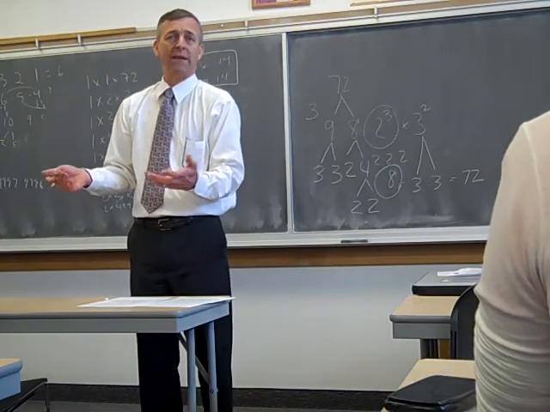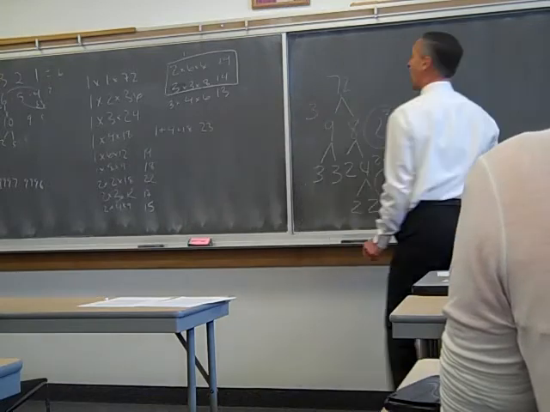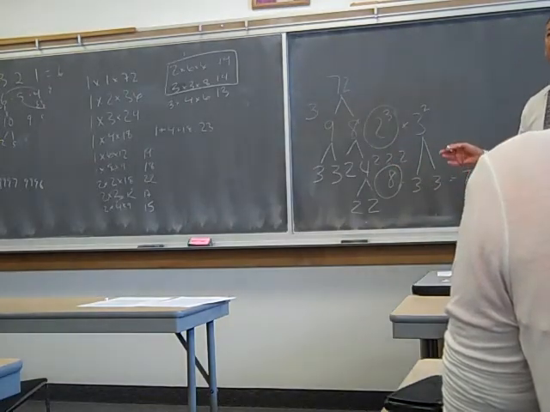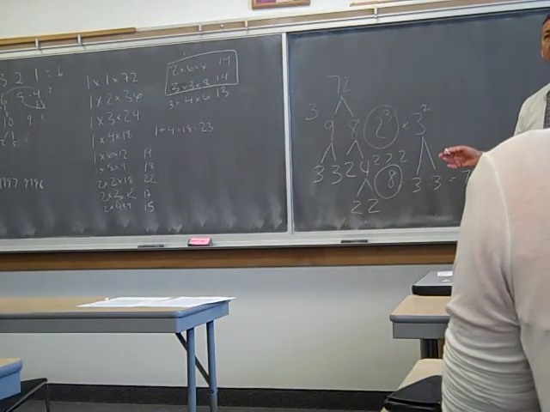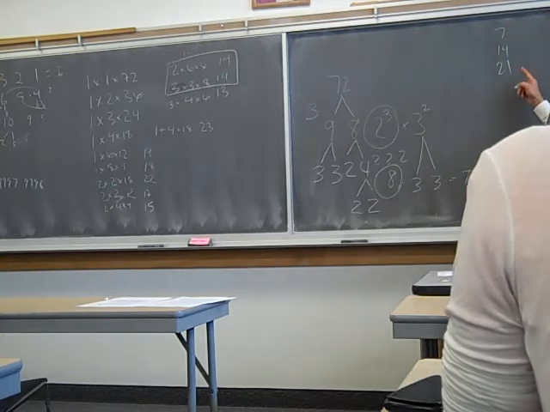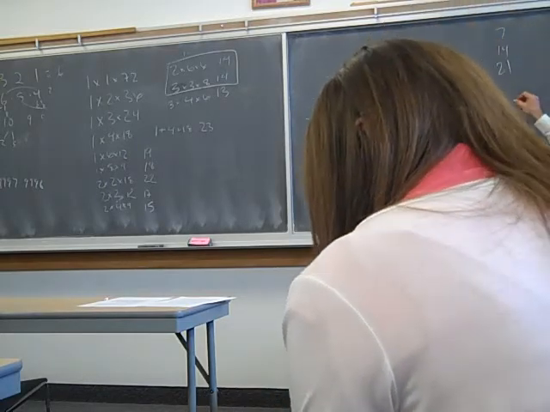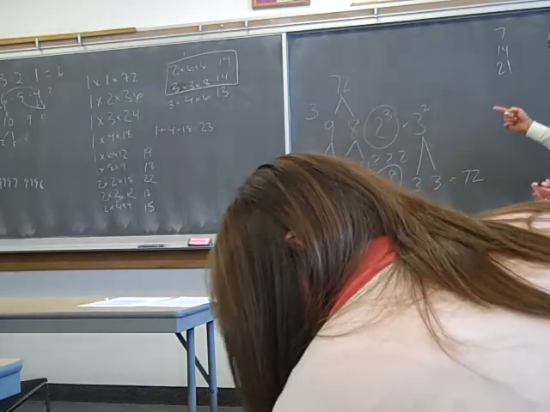So it can only end in a 1. So at that point, I would just start writing down all the multiples of 7 and look for one that ends in a 1. 7, 14, 21. Maybe it's 21. And you just keep going, right? And every time you get to a 1, you check it.